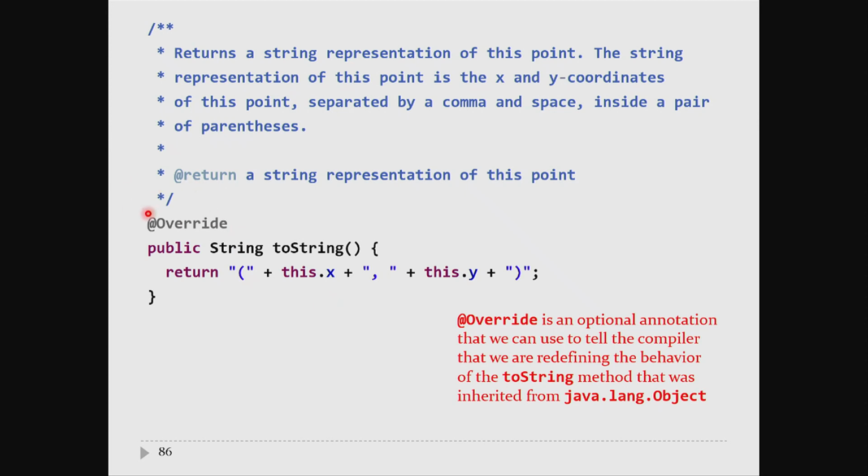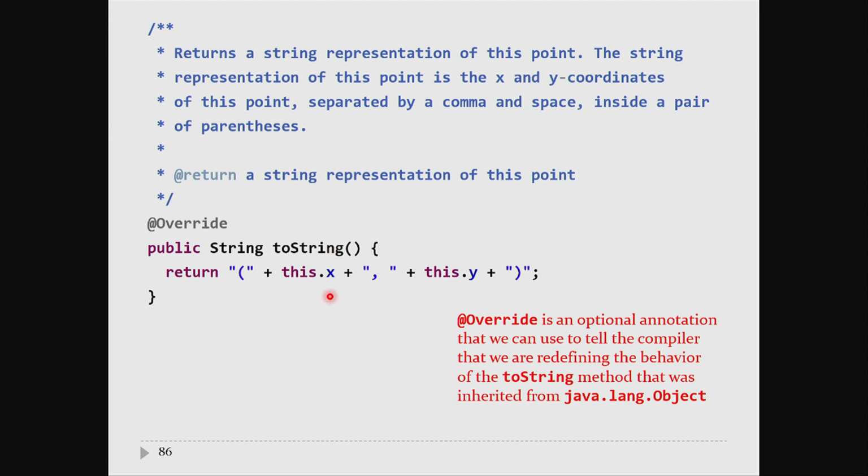In this case, the annotation tells the compiler that you're replacing the toString method that you got from Object with this version of toString. Here @Override is optional, so it doesn't have to be there. It's an optional annotation that tells the compiler we are redefining the method toString that we inherited from Object.